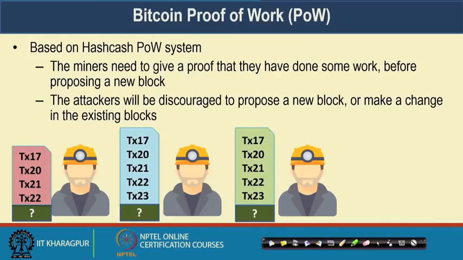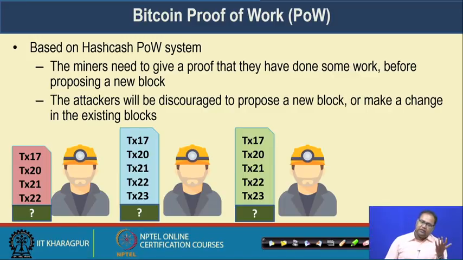So, this Bitcoin proof of work is based on the Hashcash proof of work system. The miners, who are the special nodes in the Bitcoin network who participate in the consensus procedure, need to give a proof that they have done some work before proposing a new block.